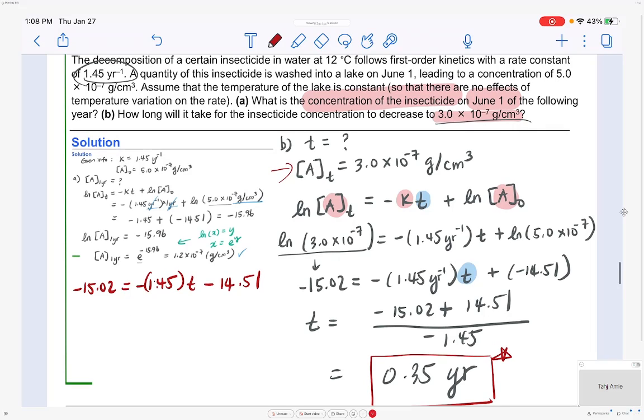So if you move this to here, T will equal this entire thing divided by this. Does that make sense? Yes, thank you.